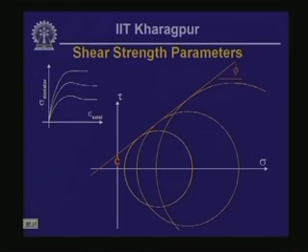So the angle phi is called the angle of internal friction, and this quantity c, which is measured in units of stress, is called the cohesion intercept. So this c and phi essentially are the shear strength parameters that are of general interest in such problems.